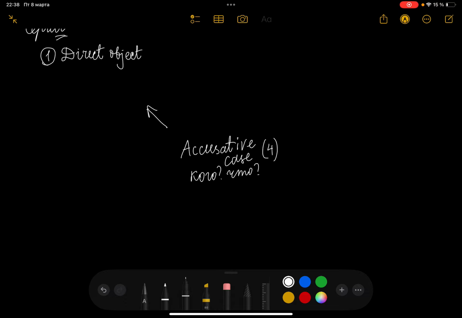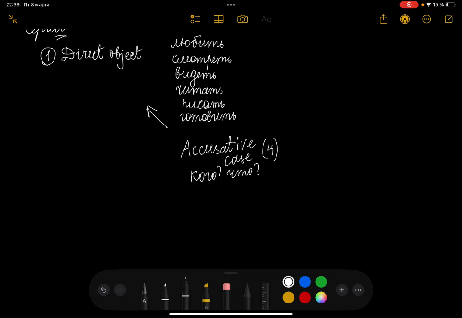For example, such verbs are любить, смотреть, видеть, читать, писать, готовить, and etc. After these verbs, you can ask question whom or what, кого или что. Да?